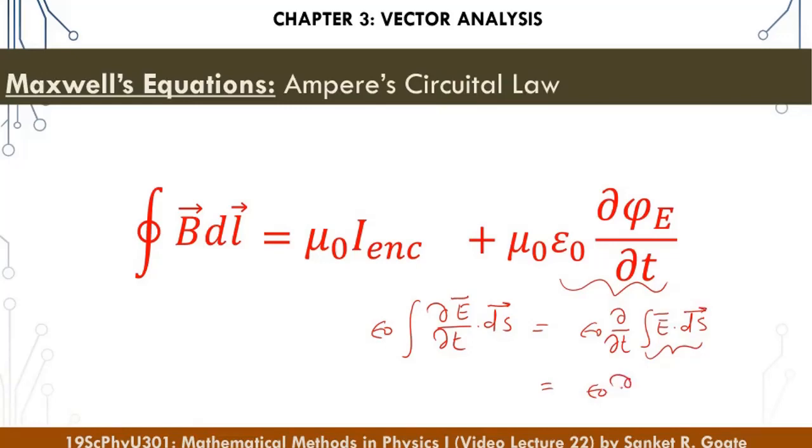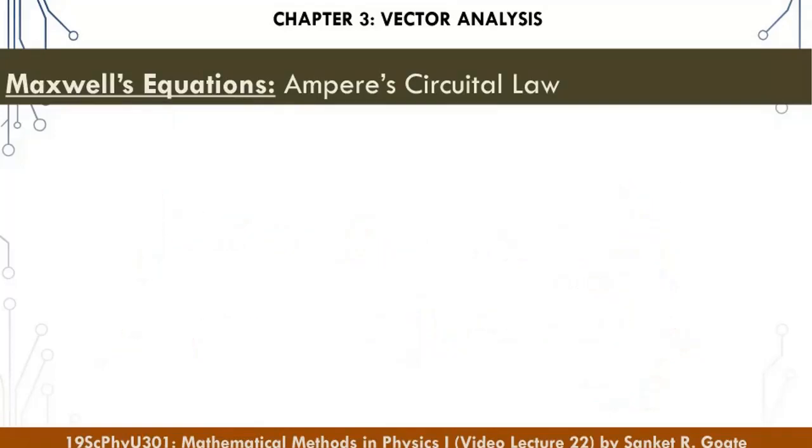Therefore this is dou phi E by dou t, where phi E is the flux of electric field. Now we have to rearrange this equation.